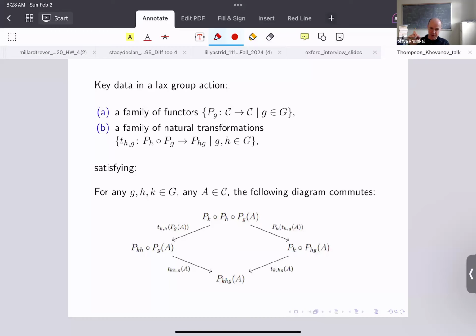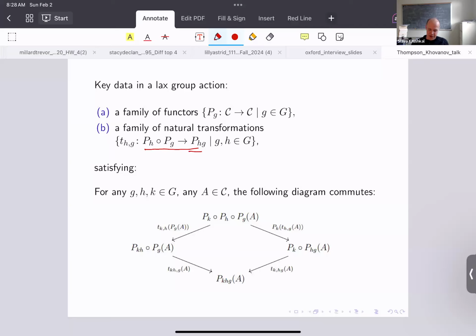For each group element G in your group, you should have a functor acting on your category C. And then whenever two group elements are multiplied, so it's H times G, there should be a natural transformation from the composition of these two functors, P_H composed with P_G, to the functor which corresponds to H times G.